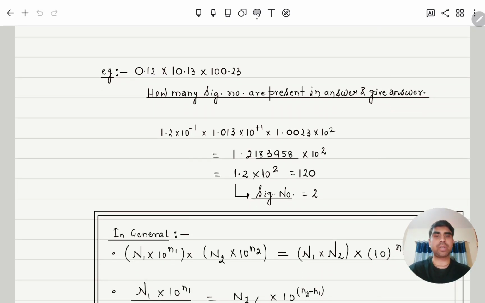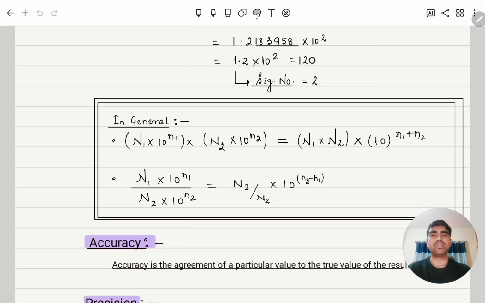So let's suppose we change to scientific notation at the start itself. Understood? And then here you can see 2 significant figures, and this is normal multiplication. Like suppose n1 is there, n2 is there, 10 to the power n1, 10 to the power n2. The multiplication means summation of powers. This will not be considered in significant figures.